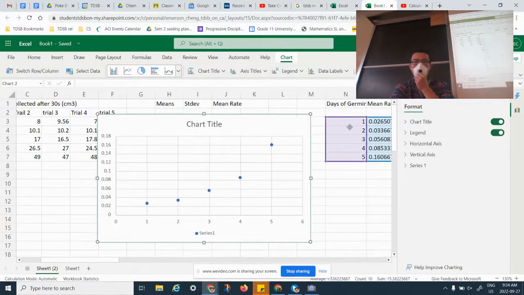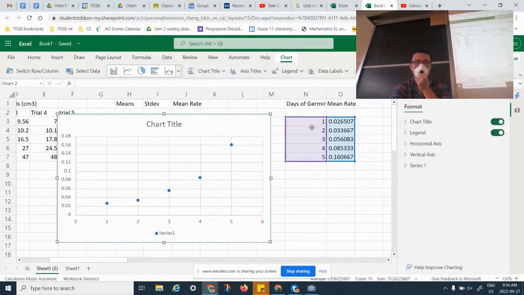Okay, so you don't select the days of germination. You'll label that later on. You only select this cell. So 1, 2, 3, 4, 5. This corresponds to the number of days of germination. This corresponds to the value that you graph.